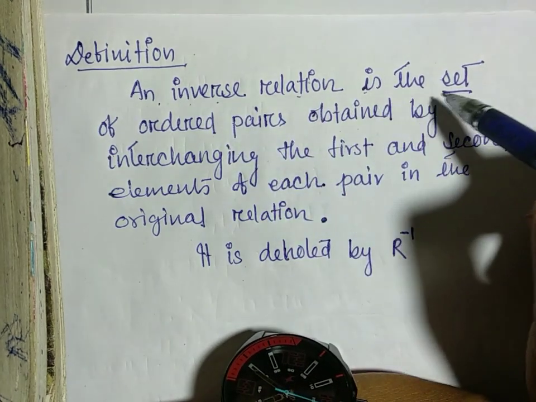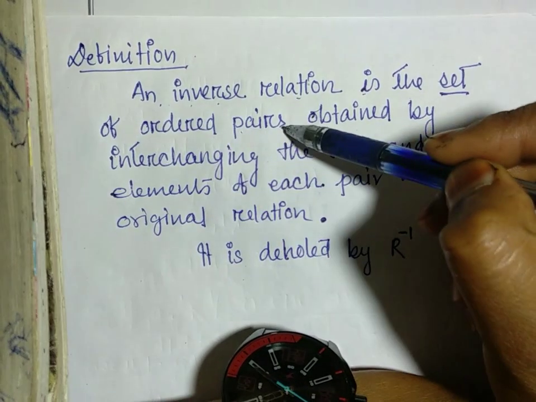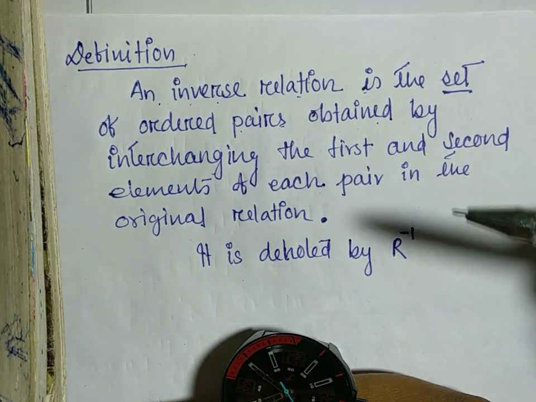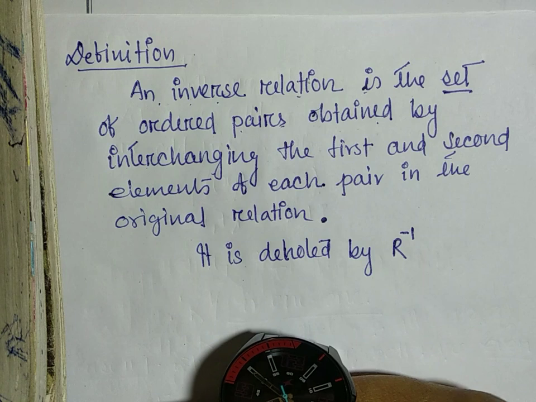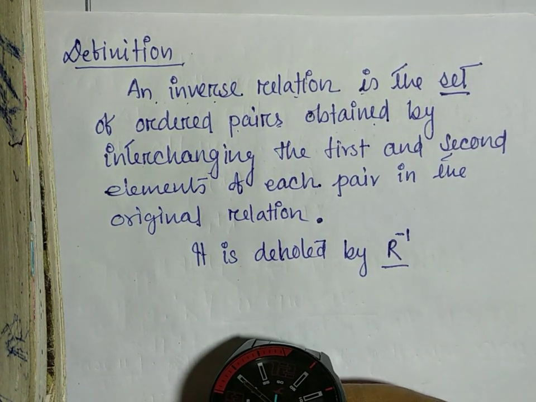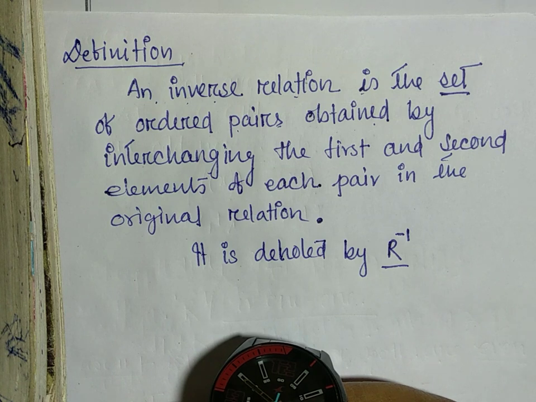An inverse relation is a set of ordered pairs obtained by interchanging the first and the second elements of each pair in the original relation, and it is always denoted by R inverse. So what does it mean actually?